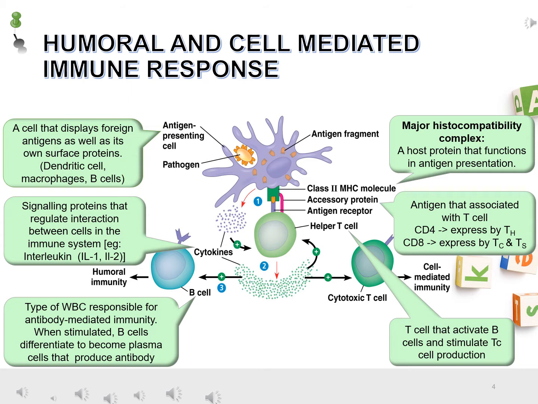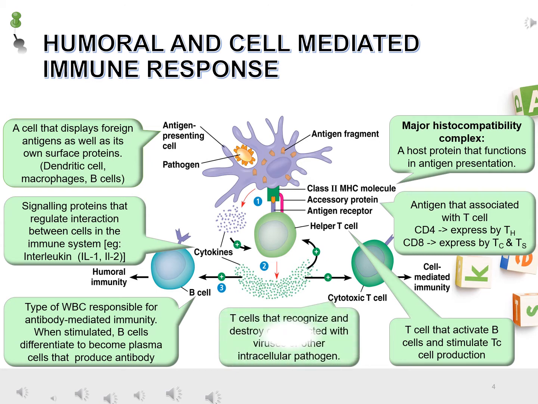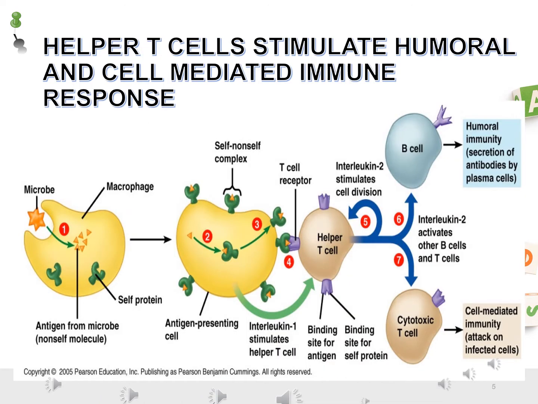When stimulated, B cells differentiate to become plasma cells that produce antibody. Cytotoxic T cell is the T cell that recognizes and destroys cells infected with viruses or other intracellular pathogens. Helper T cells stimulate humoral and cell-mediated immune response.